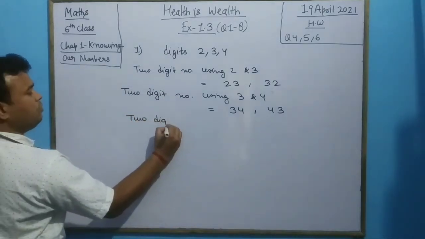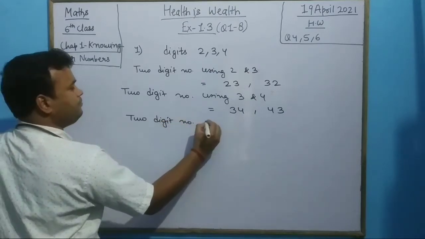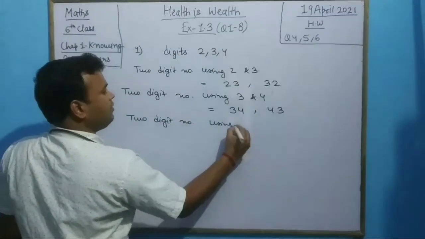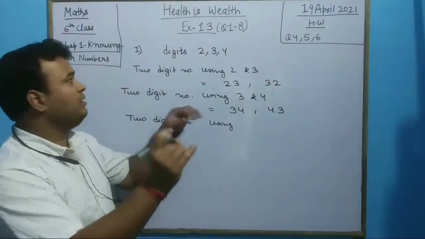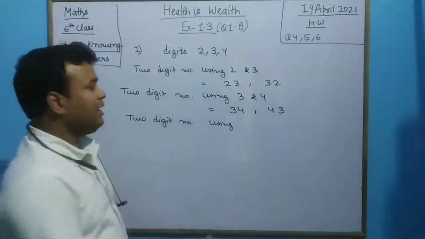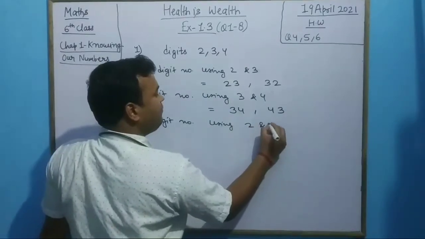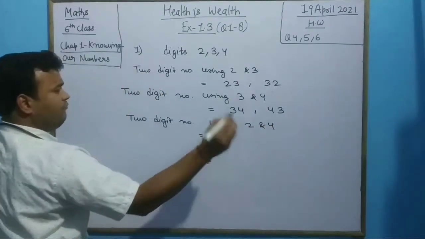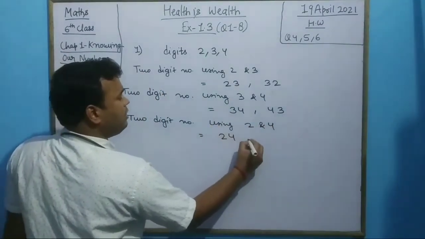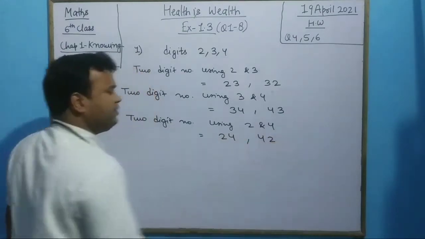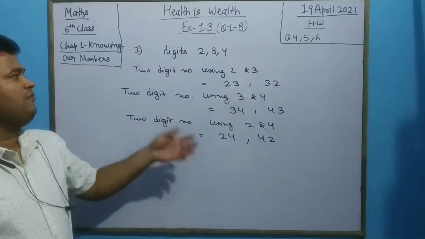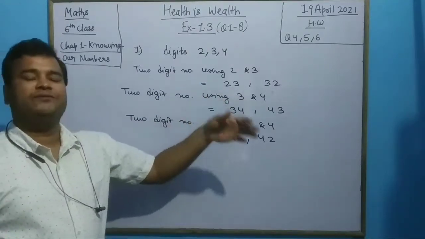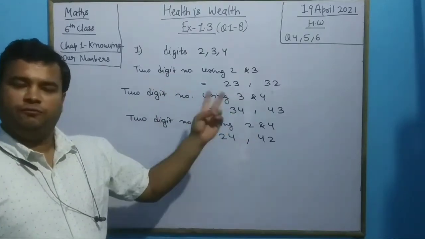Okay, 2-digit numbers using, now what is the digit we have not taken? 2 and 4. Okay, now this time we are taking 2 and 4. What can we write? 24 and we can write 42. So these are the possible 2-digit numbers which we can write using 2, 3 and 4 and using only 2 digits at a time.